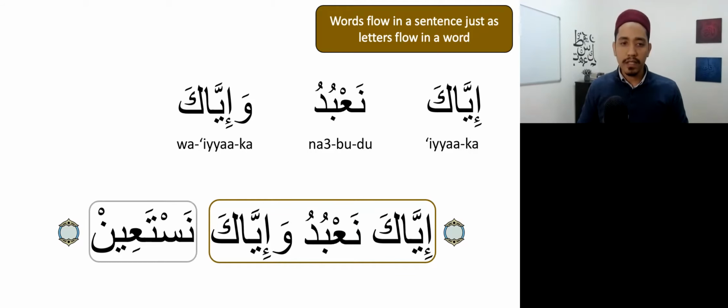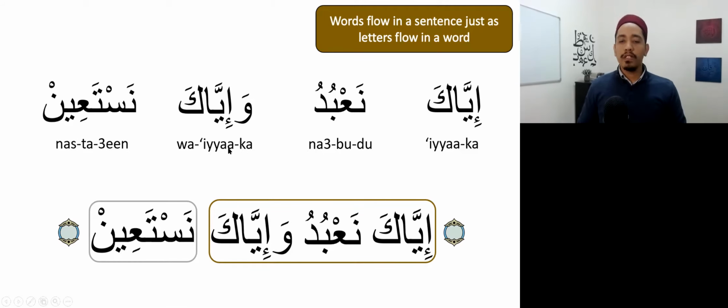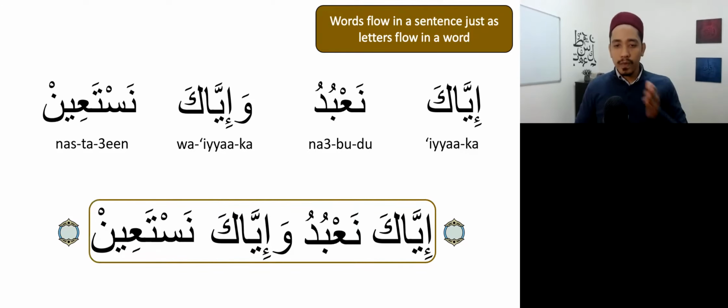Let's add the final word, nasta'in. So we have iyyaka na'budu wa iyyaka, like one long word. The next word is nasta'in. So then we would now join all the words as if they were one word. And the secret to that is reading each word fluently on its own, and then just joining it to the next word, just as the letters join in a word.